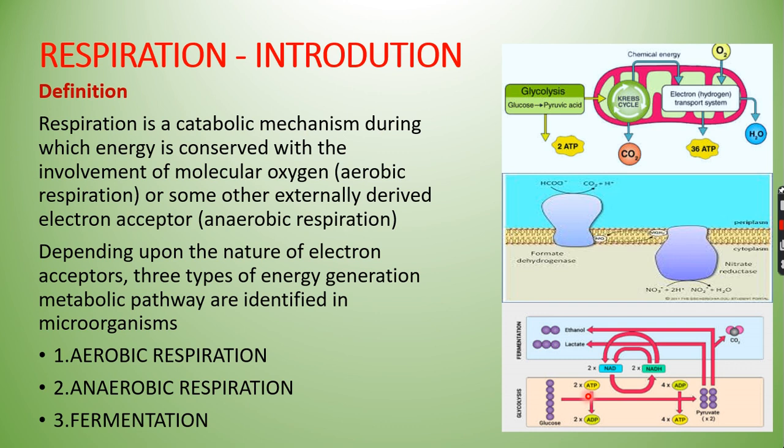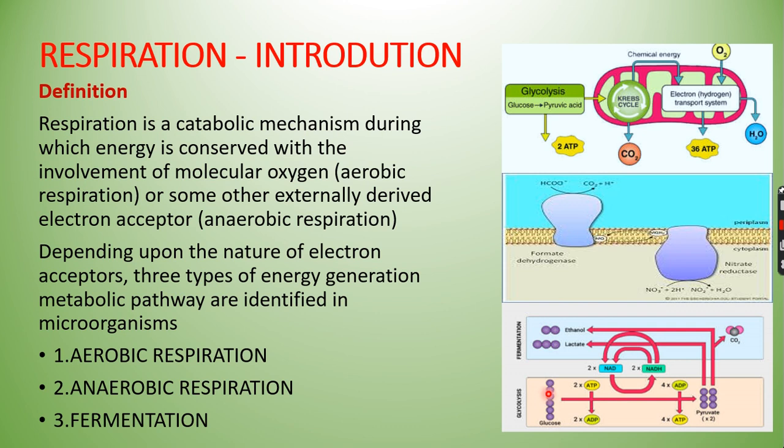Then what is fermentation? Some bacteria and some yeasts use an organic molecule as the electron acceptor. This type of respiration is fermentative respiration, and it yields very little energy compared to aerobic and anaerobic respiration.